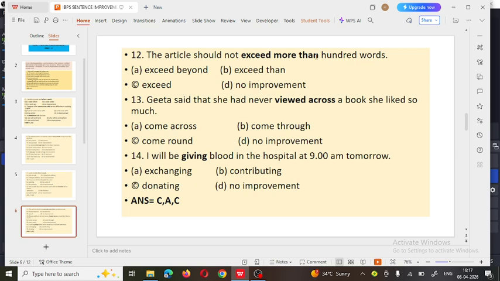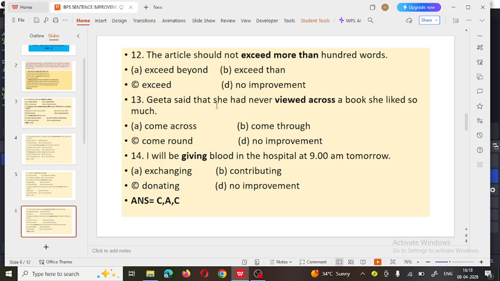Options are exceed beyond, exceed than, only exceed, or no improvement. Exceed means going something more. So no need to use beyond or than. The article should not exceed 100 words. That's all. So option C is correct here.